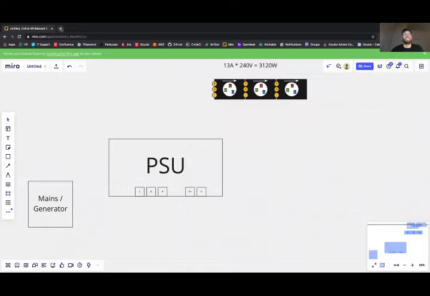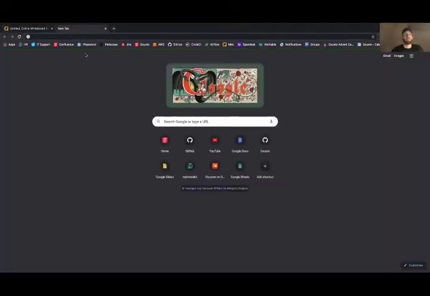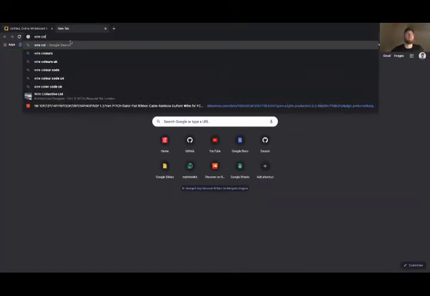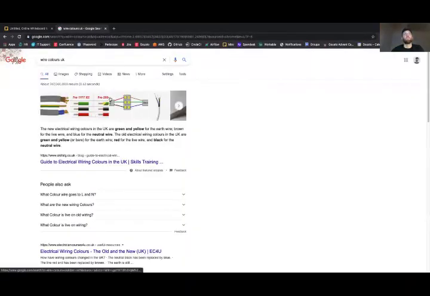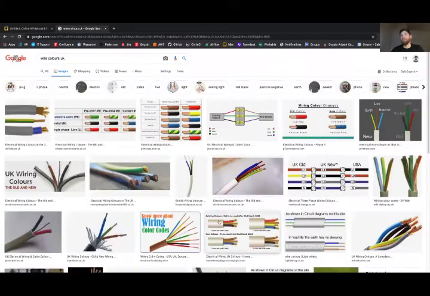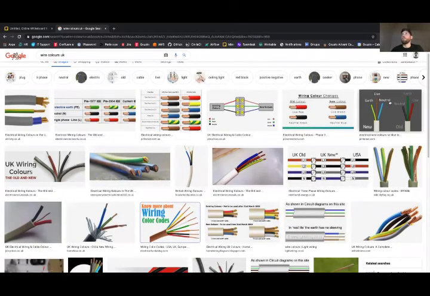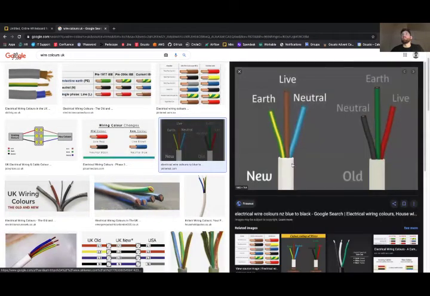So let's look at the international conventions for wire colors. Let's go with the UK. But disclaimer, this may not be the same for your country. Look it up, get it right, test it, use a multimeter, be safe. Let's take this diagram, okay? So we've got a multicolored green and yellow wire, that's the earth. We've got a brown wire, that's live. And we've got a blue wire, that's neutral. Okay, let's draw that in.